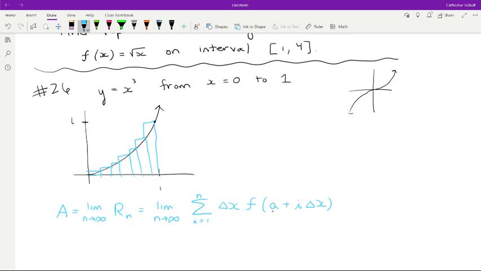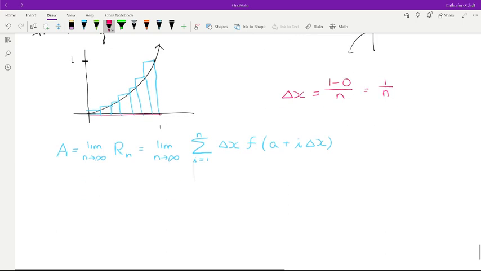Our starting point is 0, which is phenomenal. Let's figure out delta x. Remember, delta x is b minus a over n. So the distance of that interval is 1 minus 0 over n, so it's going to be 1 over n.